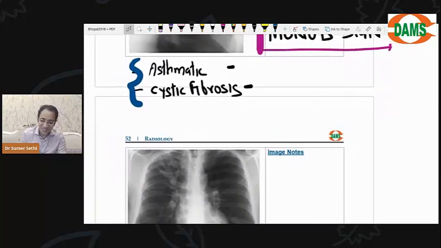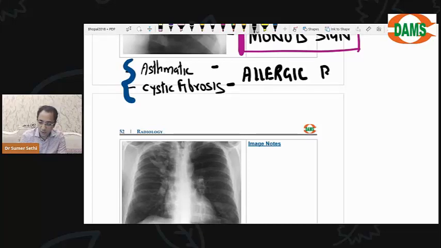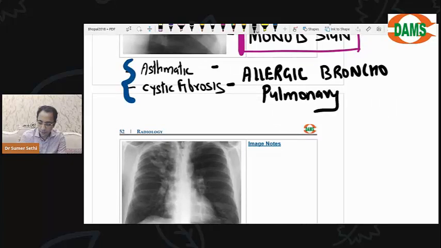Now see. In asthmatic patients and in cystic fibrosis, very important, sometimes these people develop an allergic response to the aspergillus fungus, that is called allergic bronchopulmonary aspergillosis.